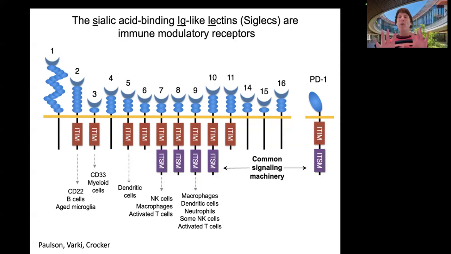And so the parlance we would use is that what's inside the cell on the Siglec receptors is very similar to what's inside the cell on PD-1. So they have a common signaling machinery that inhibits the activity of the immune cell.